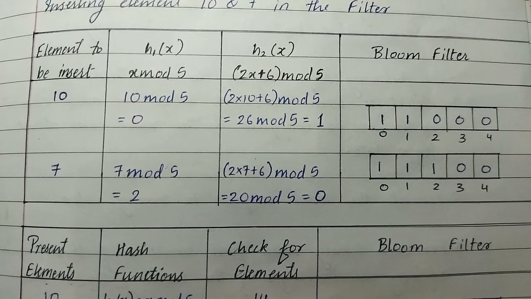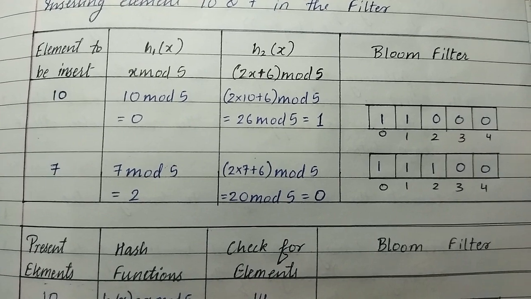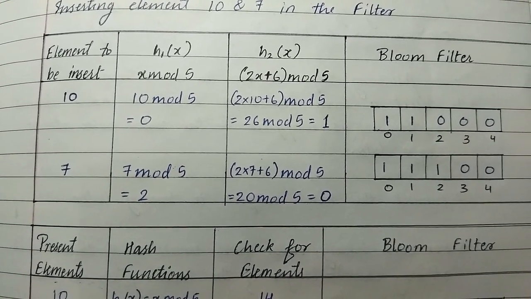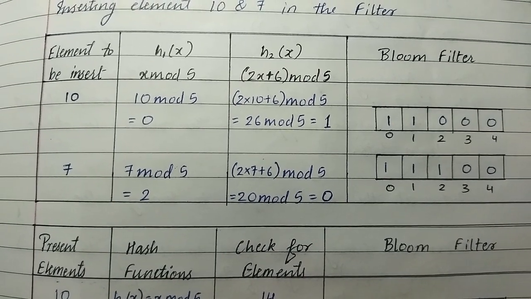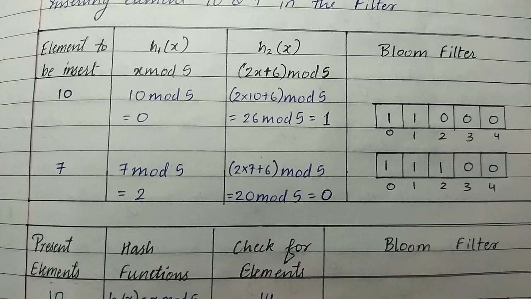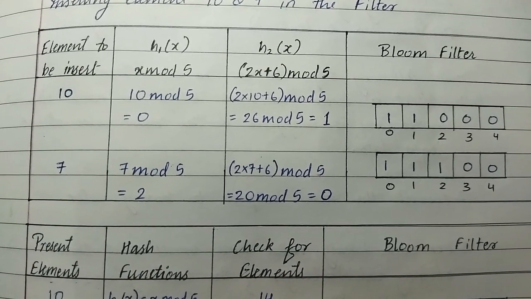As the size of the Bloom filter is given, that is 5, and it is an array, we will draw an array, and it will be indexed from 0 to 4 as the size of the Bloom filter is 5, and the index for an array starts from 0.